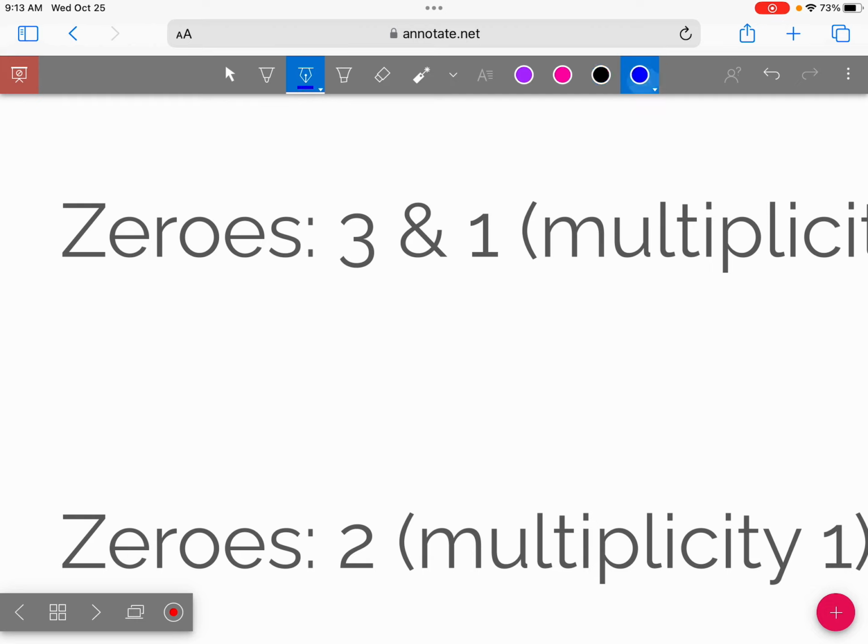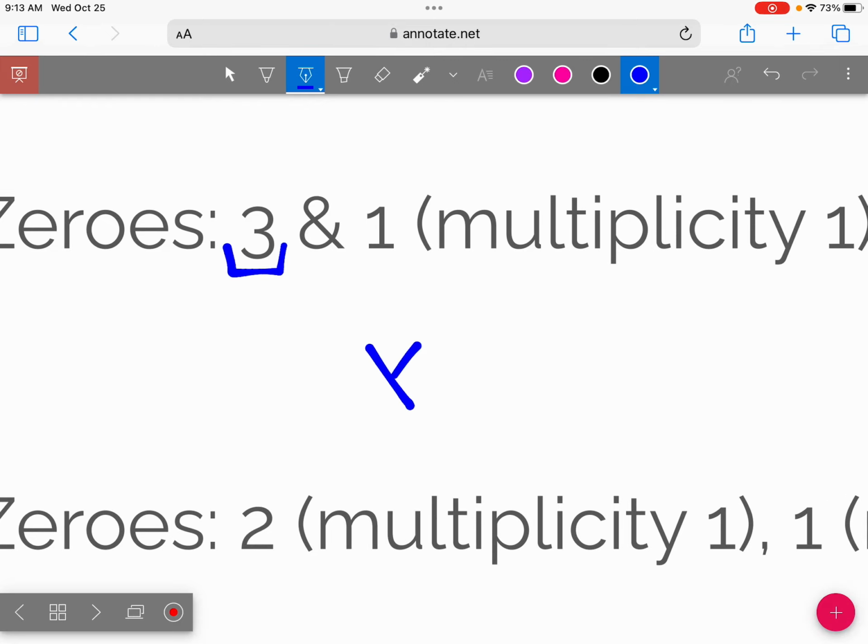So how do I write a factor that has a 0 of 3? X minus 3. And if it has a multiplicity of 1, it doesn't need an exponent. How do I write a factor that has a 0 of 1?